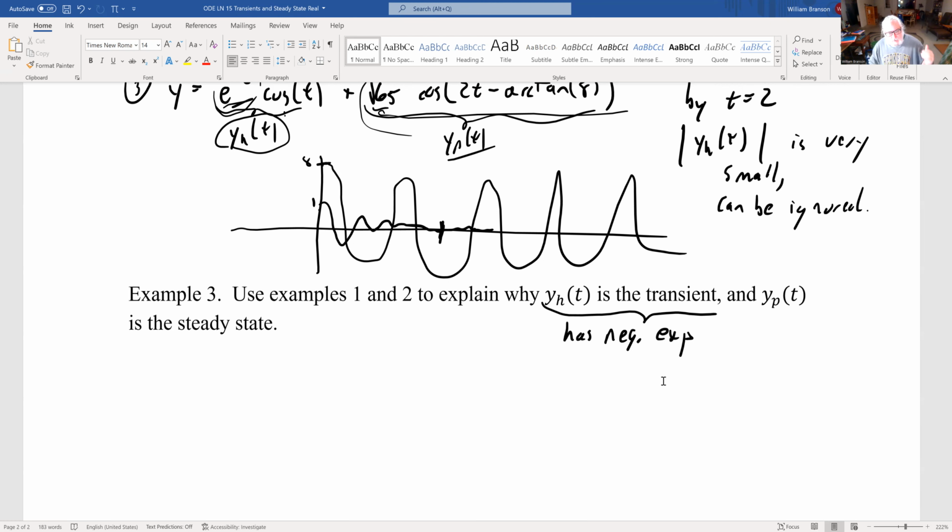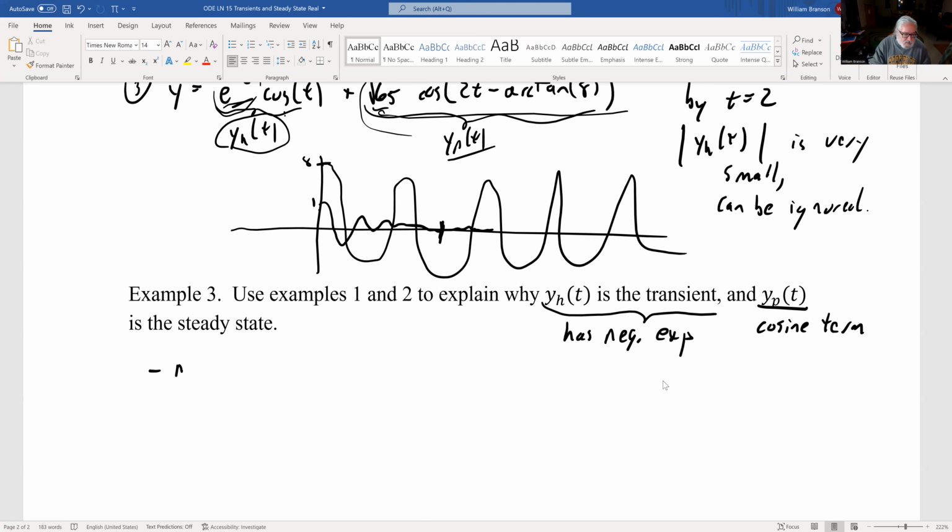By the time t equals 2, in both these examples, the homogeneous solution has gone away. Why P of t is just a pure cosine. It's a wave. And so it keeps its amplitude forever and ever and ever. So why does that happen?